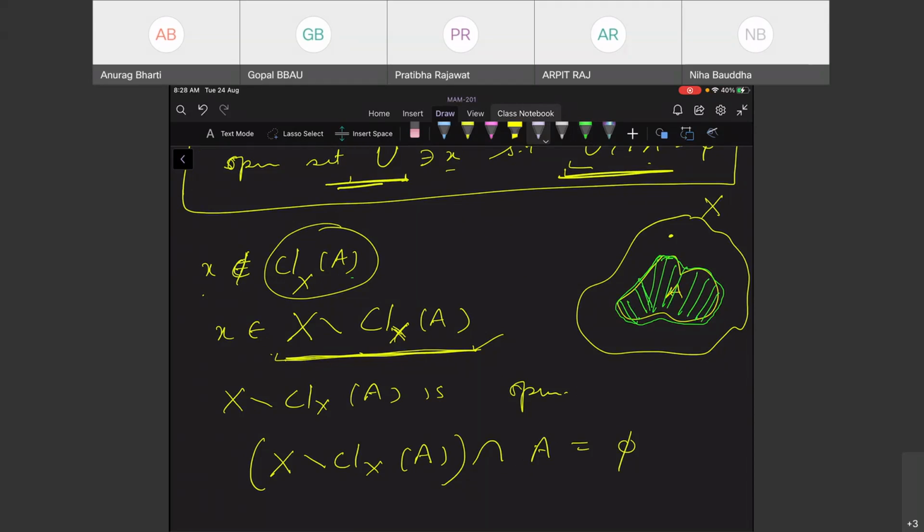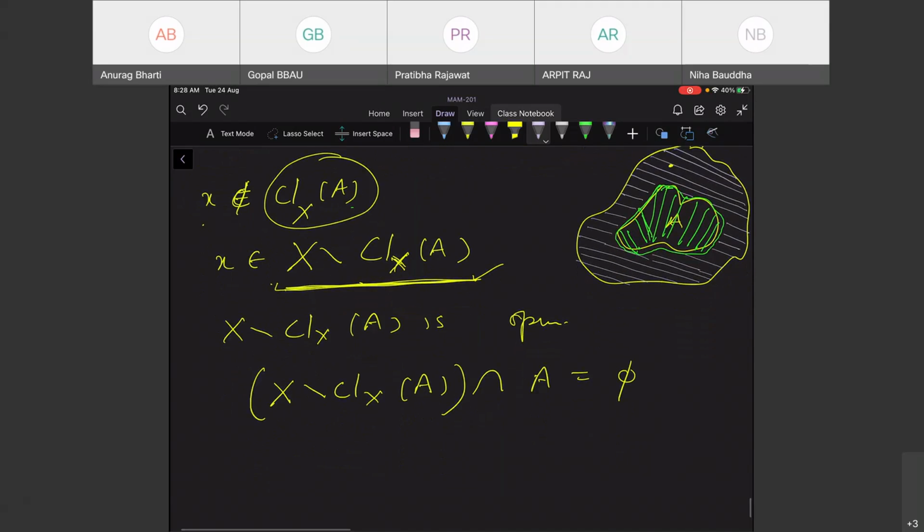So let me make it in this color. This I am drawing as X minus closure of A, and you see this is disjoint from A. So we have proven whatever we wanted to prove.